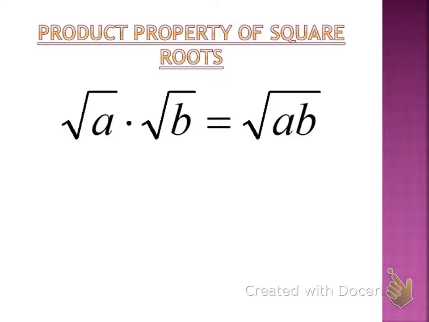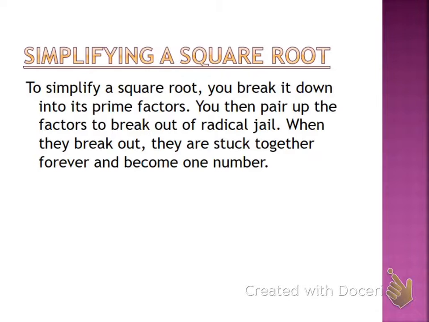The product property of square roots. The square root of a times the square root of b is equal to the square root of a times b. To simplify a square root, you break it down into its prime factors. You then pair up factors to break out of radical jail.